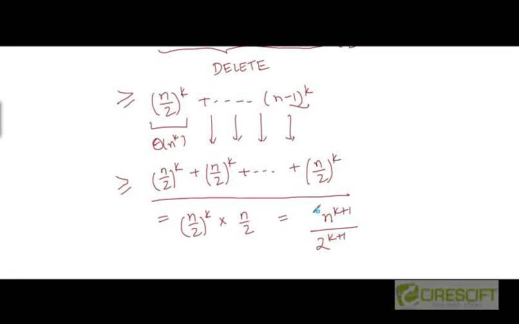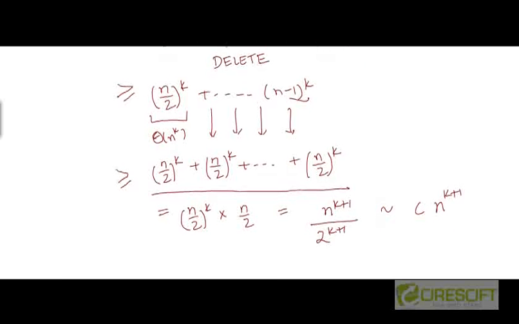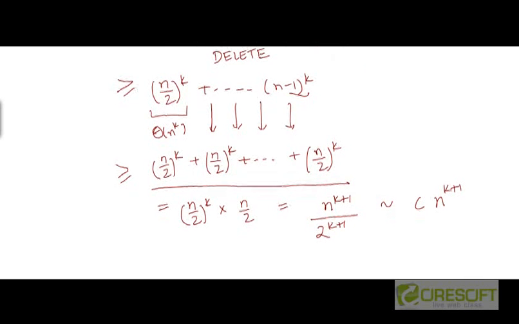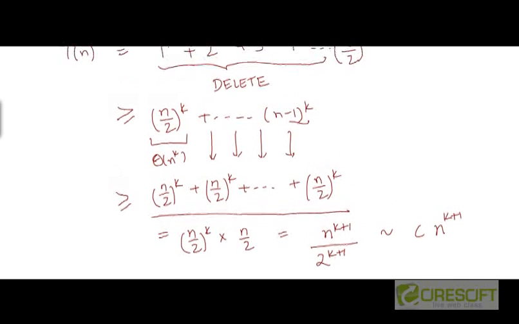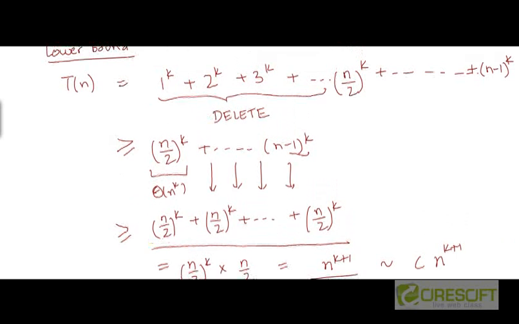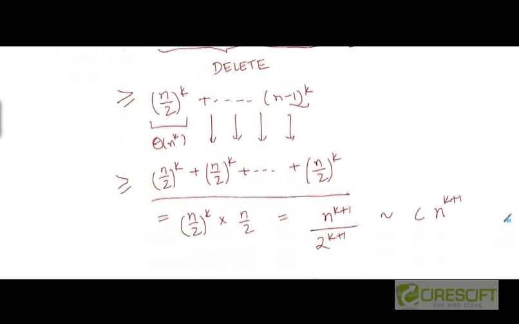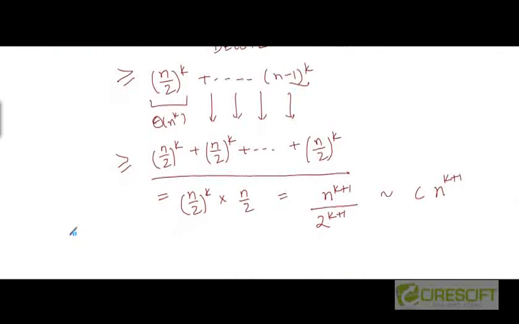Now 2 and k are both constants, so we can write this as some constant c times n to the power k plus 1. So we are saying that T of n is bounded from below by a constant multiple of n to the power k plus 1. This means T of n is in big omega of n to the power k plus 1.